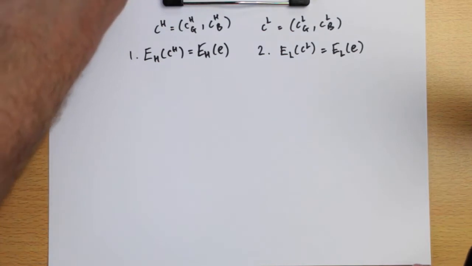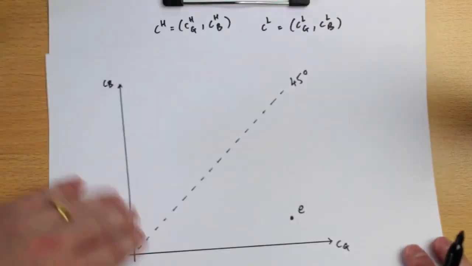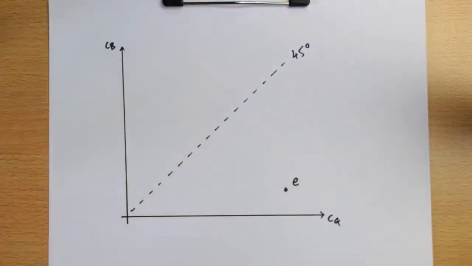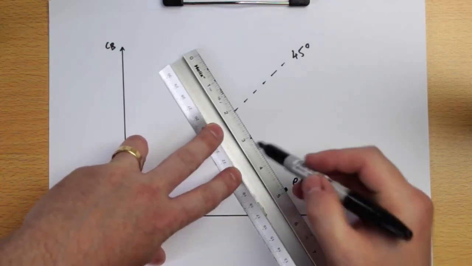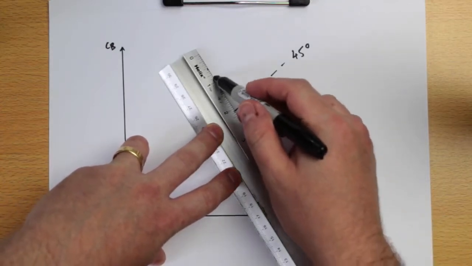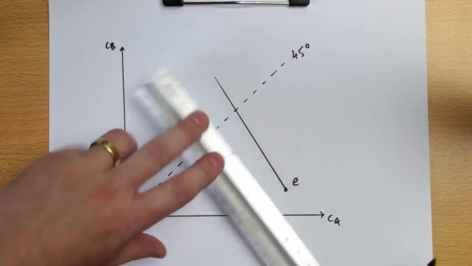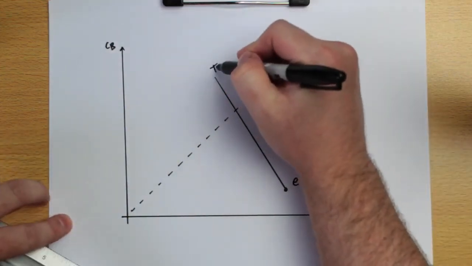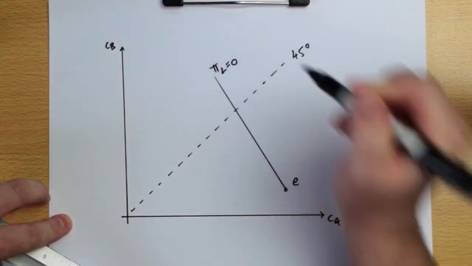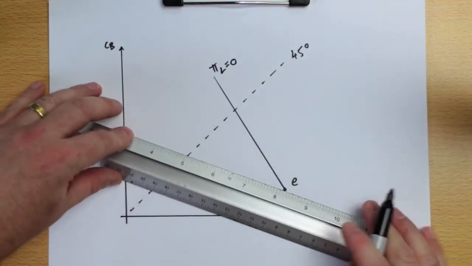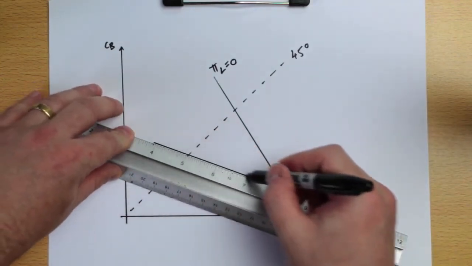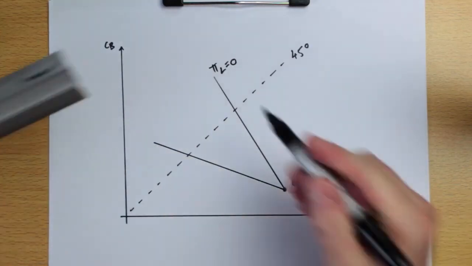What does this mean graphically? Well, now I've prepared our contract state contingent consumption space diagram here. We already know how to plot ISO cost lines on this. So I'll draw a steep ISO cost line here and label that as the 0 profit line for low risk types, and a flatter line here.